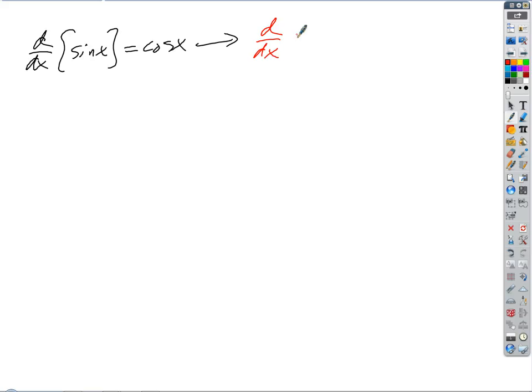We can rewrite that as the derivative with respect to x of sine u equals what? Cosine u times u prime.